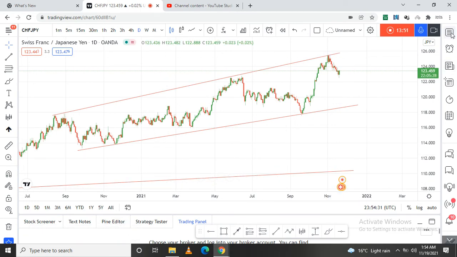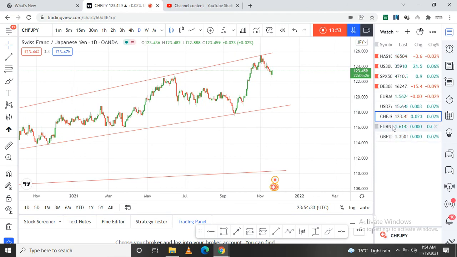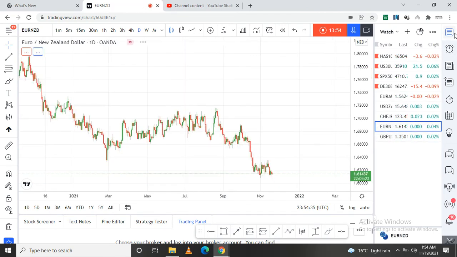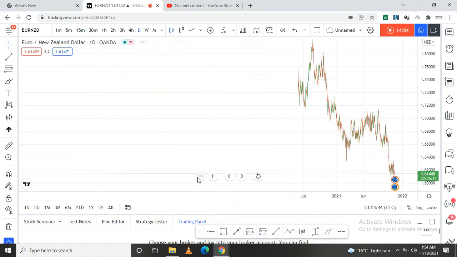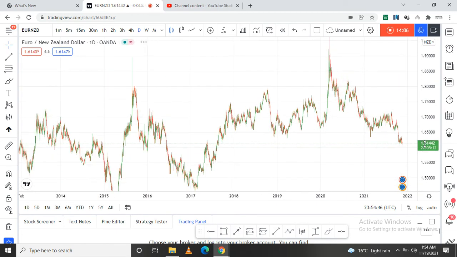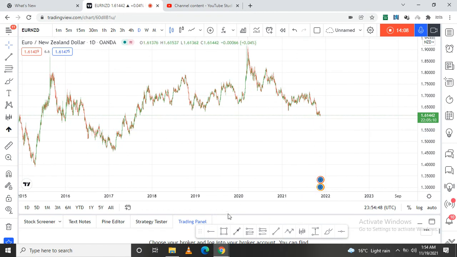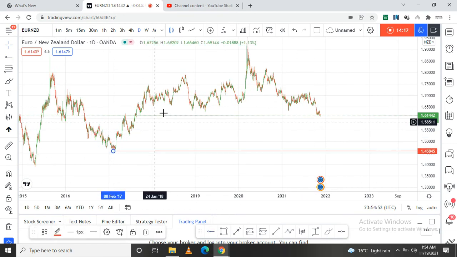And then if we go to the last pair, which is your EURNZD, and then if I just start here on a daily chart, I can see that, okay, the lowest point of this structure is this one.